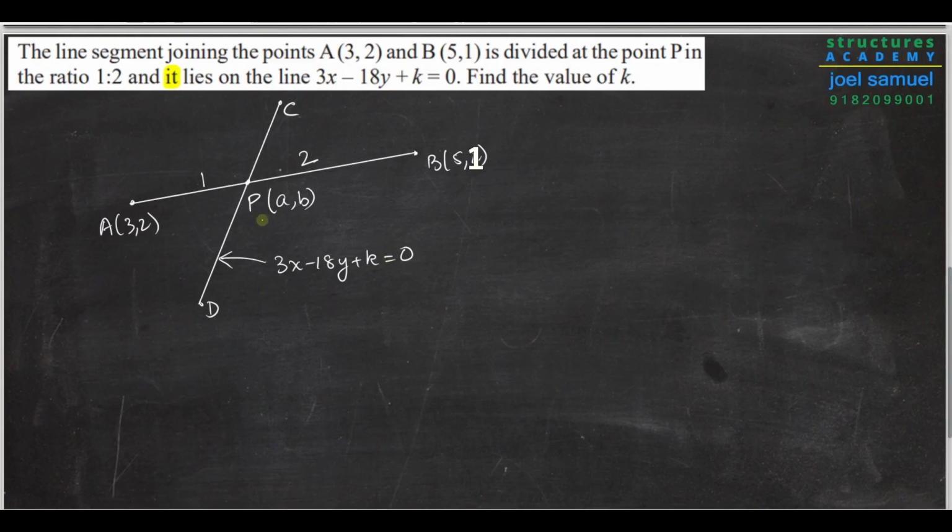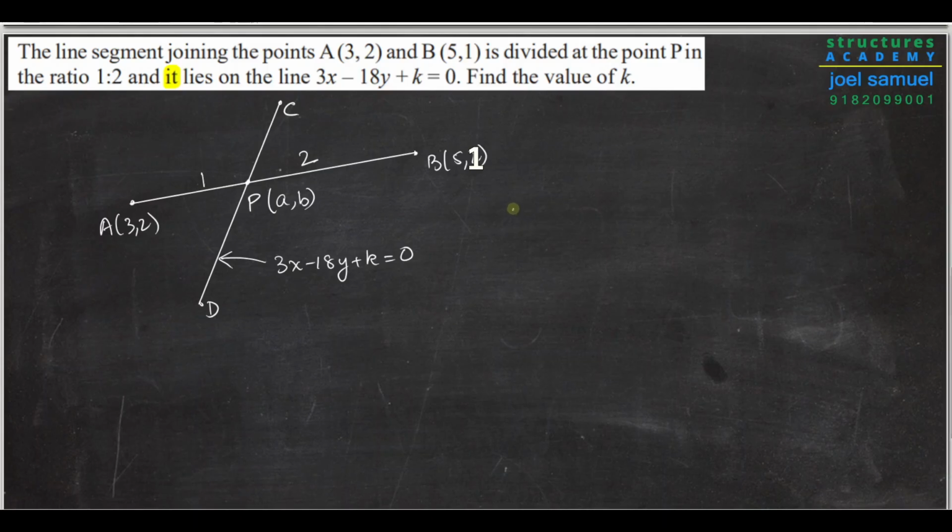So first we use the section formula to determine the coordinates of point P, and then we can directly substitute the x coordinate into this equation and the y coordinate into this part of the equation. Reason being, any point on a line must satisfy the condition of its equation.